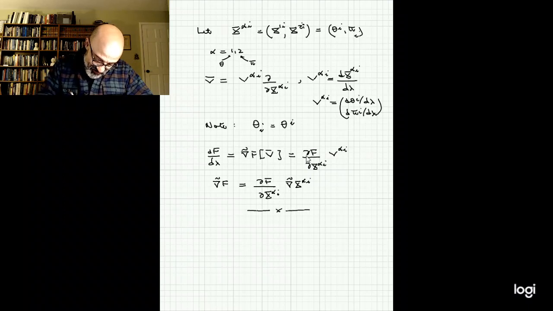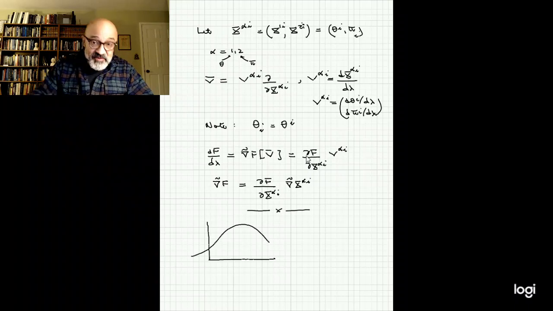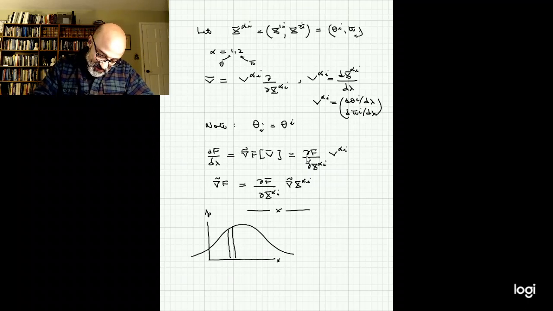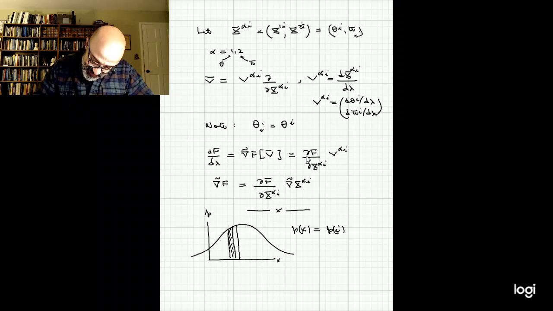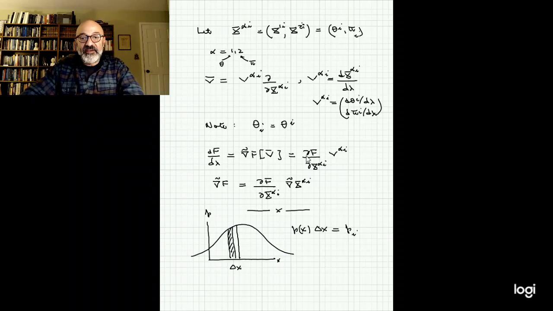I would like just to remind you that what we are trying to deal with is probabilities, but to simplify life, we are slicing our probabilities so that the probability of x in a small interval delta x is being discretized into a pi, okay?